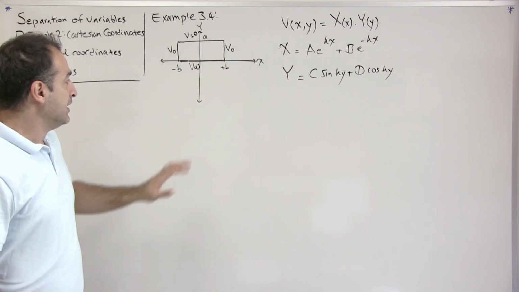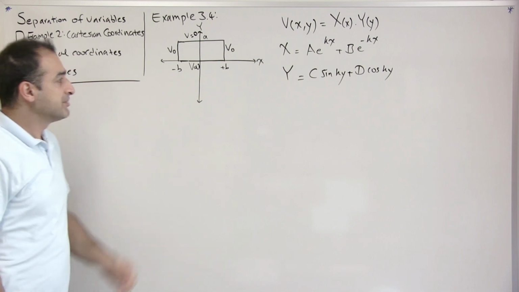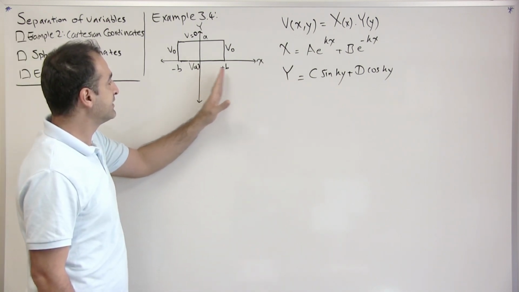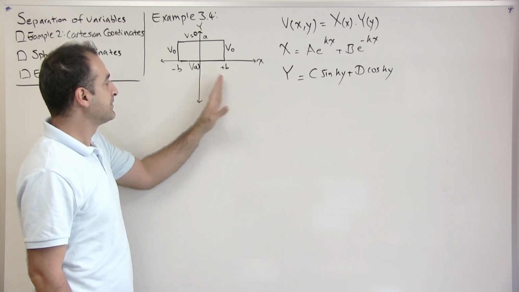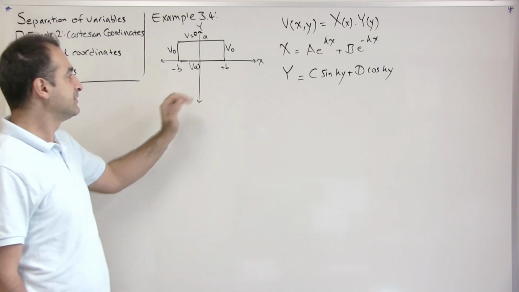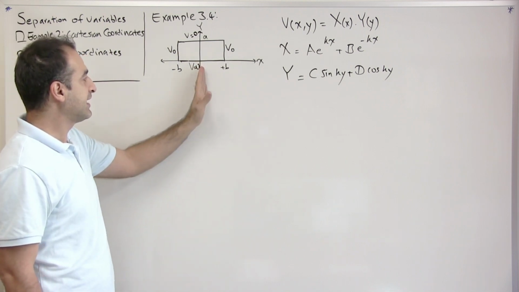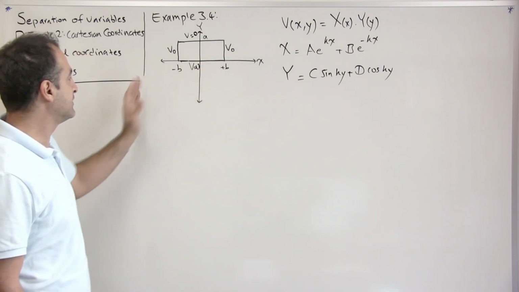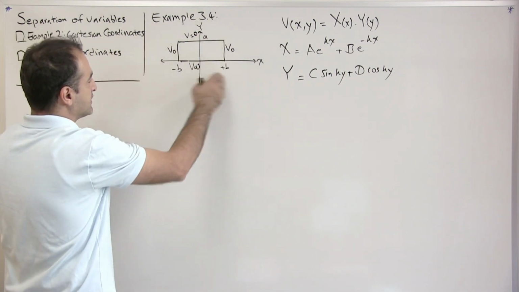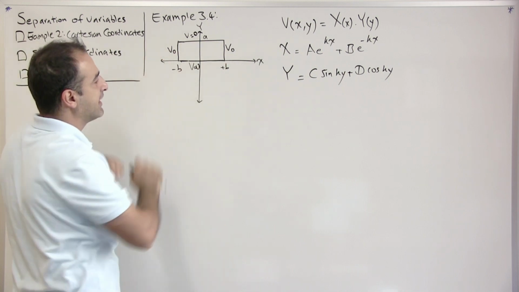Okay, so here, a couple of very specific boundary conditions. The geometry is very symmetric with respect to the Y-axis. That means it's even with respect to X. Whatever happens at positive X, the same thing happens at negative X, in terms of the location of the boundaries, plus B, negative B, and in terms of the value of the boundary.